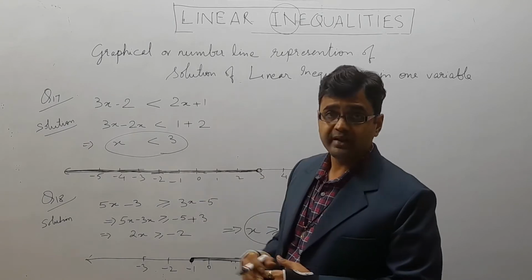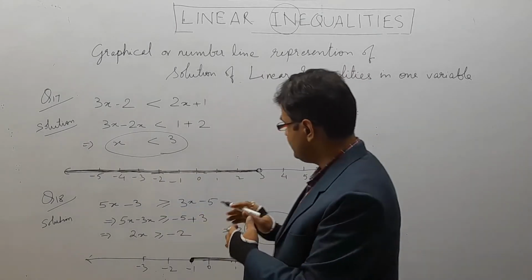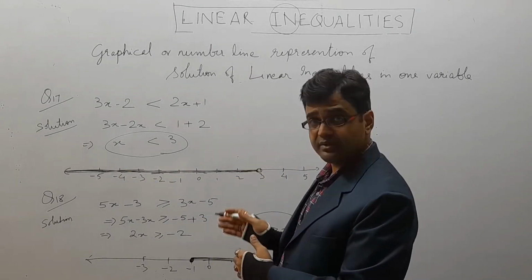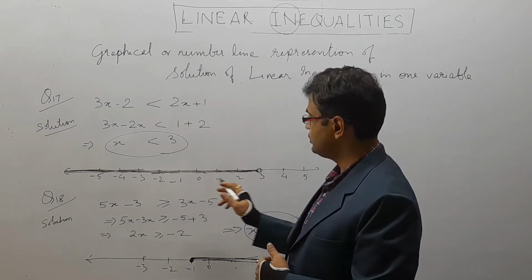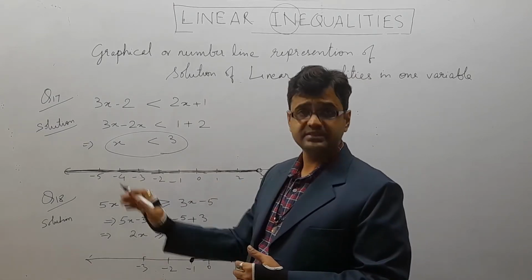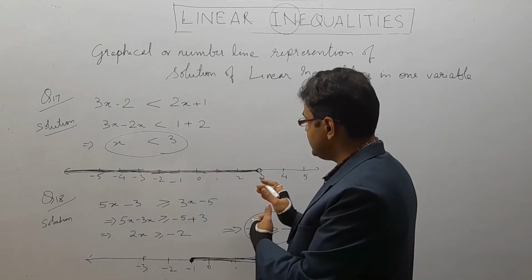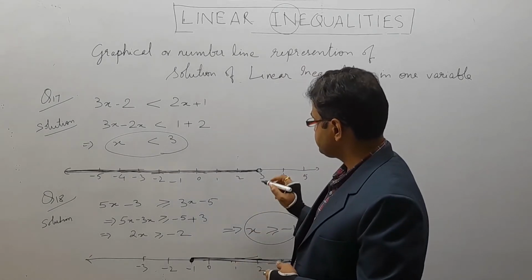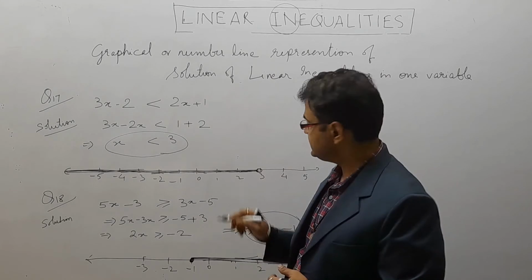So this is the real number line, and when we show the solution, we make it a little dark. We'll mark it like this: 0, 1, 2, 3, 4, and 0, minus 1, minus 2, minus 3. To the left of 3, that means less than 3, we will make the line a little dark, and we will make a circle at 3. Why this circle?